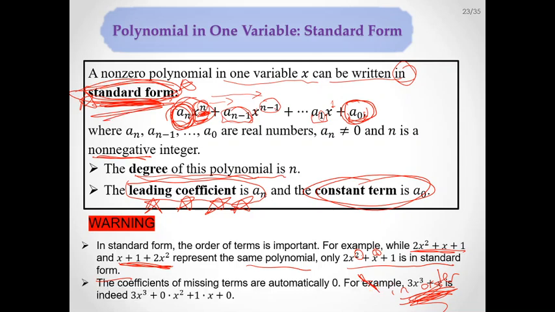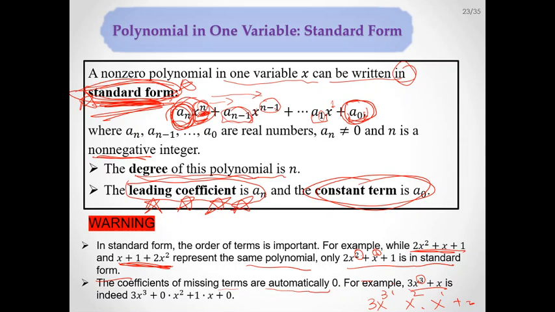One other thing here: the coefficients of missing terms are automatically 0. If it is a third degree polynomial, we expect x squared somewhere, and x, and also a constant number.